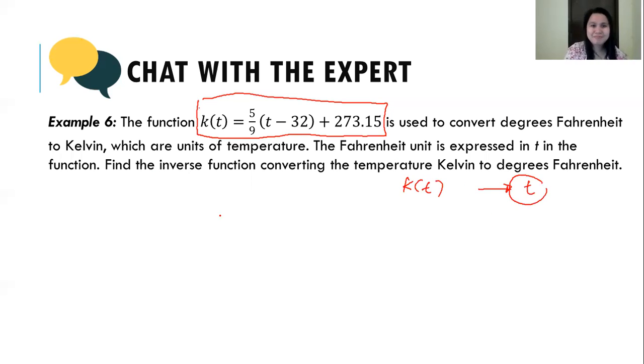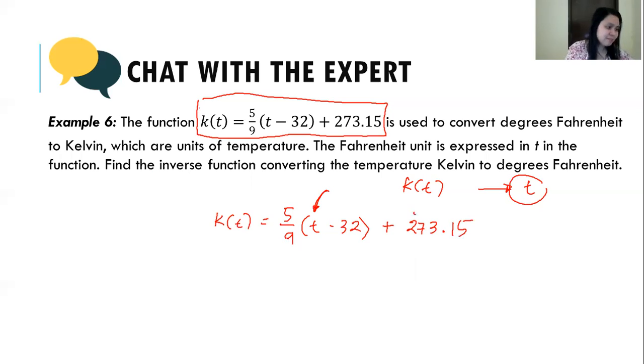So let's start. Ready? k of t equals 5 over 9 times t minus 32 plus 273.15. Actually, we're only asking for this one. Derive the formula in terms of t. So let's start deriving. Transfer this to the other side.